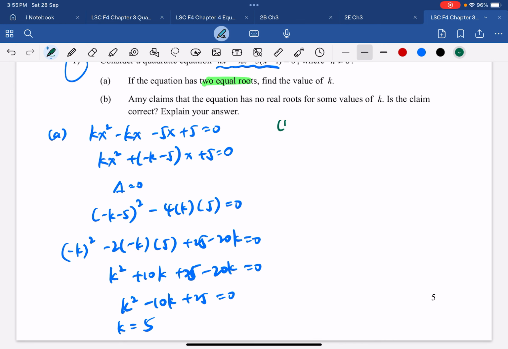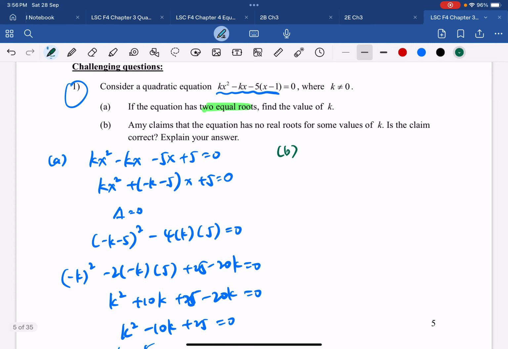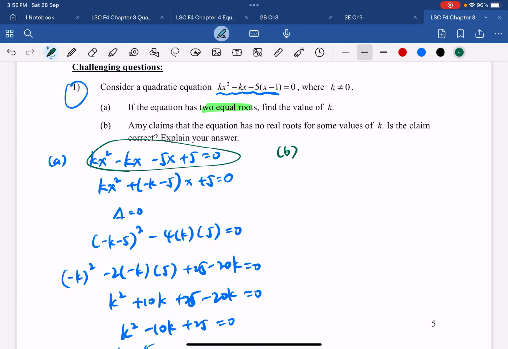So now it says Amy claims that the equation has no real roots for some value of k. It asks you, is the claim correct? Is there any possibility that this equation has no real root? Which means, is there any possibility that delta is smaller than 0 in this case?